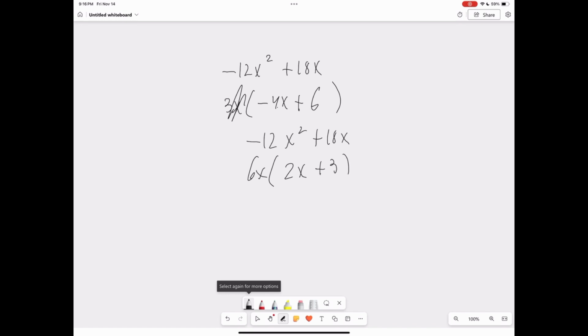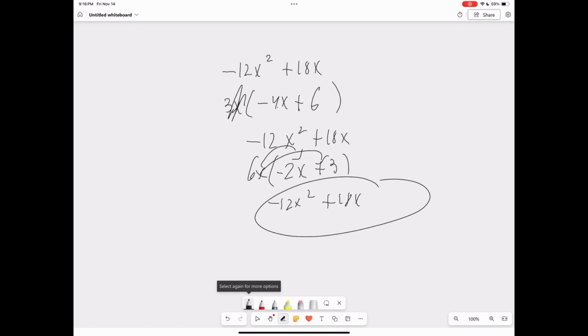And there is a negative in here. And if we FOIL out, we should get the same answer. Great. So if they told you to factor this expression, this would be our factored form, right here.